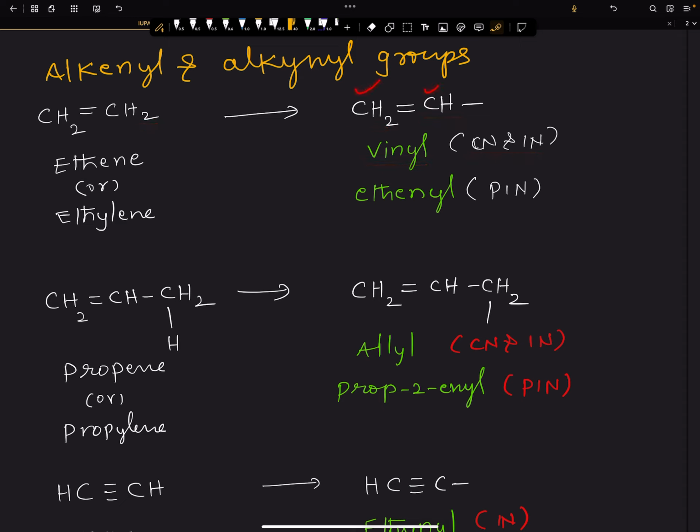There are 2 carbons, therefore eth, as there is a carbon-carbon double bond, en, and as it can be connected to another group, yl: ethenyl, which is the preferred IUPAC name.